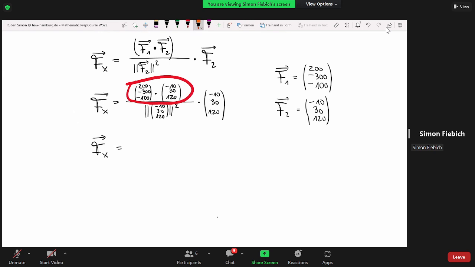You remember how to calculate the scalar product of two vectors given their components?